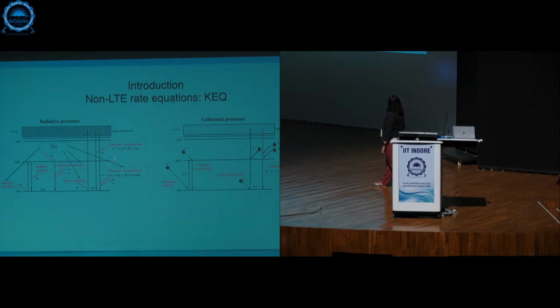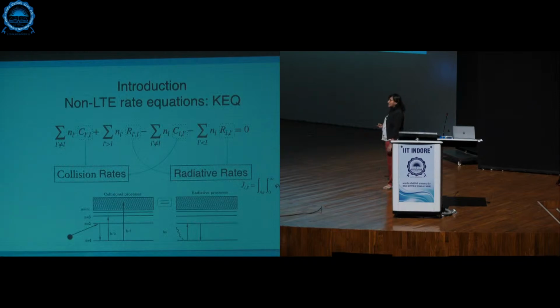So, for example, in this cartoon, many radiative processes and collisional processes are shown, which all become important and coupled if you want to properly take into account the scattering processes, etc. So, the non-LTE rate system has this form now, where in the first term you can see the collisional rates, then the radiative rates, and all these processes balance with each other in the steady state approximation, so that you have a 0 right hand side.